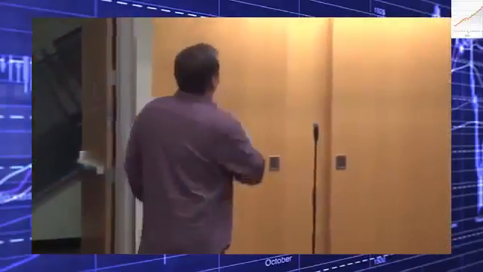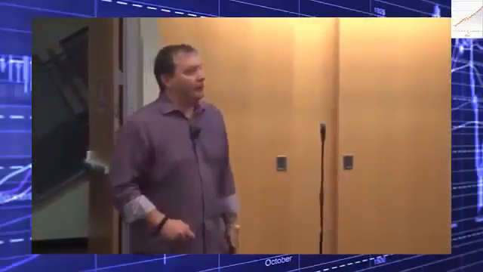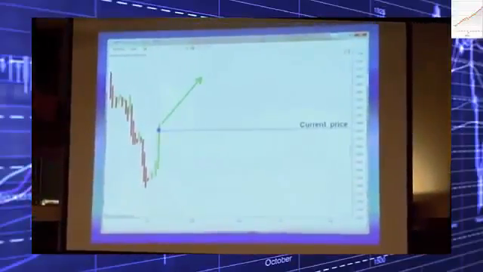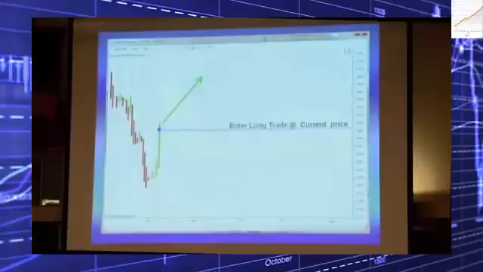Now, let's look at it again. Current price. Let's assume the market's going up. We enter long right here, at the current price. If we're right, we make money here. That will happen 3 out of 4 times when you properly do your entry setups.